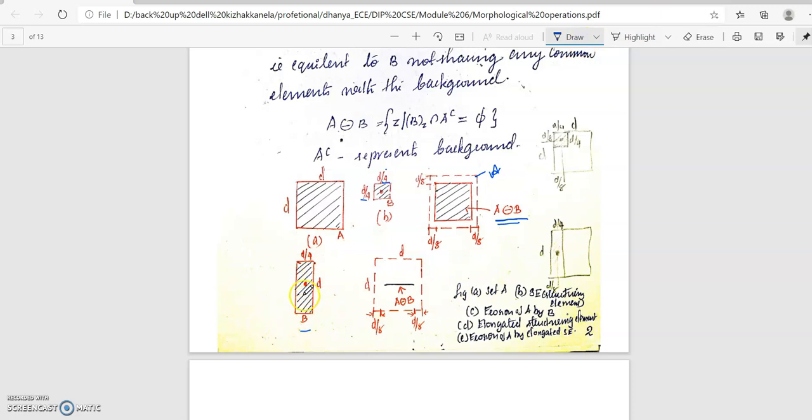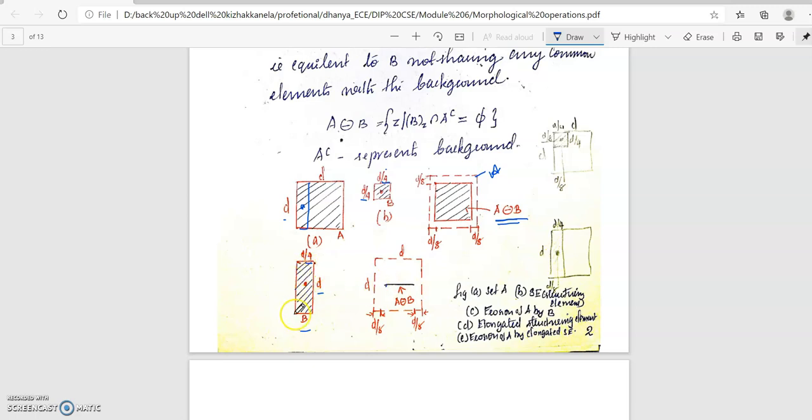If I place this structuring element like this, with this as my center point, it will be fully contained because this length is D and this is again D. This width is D by 4, so the center will be halfway, D by 8 inward.